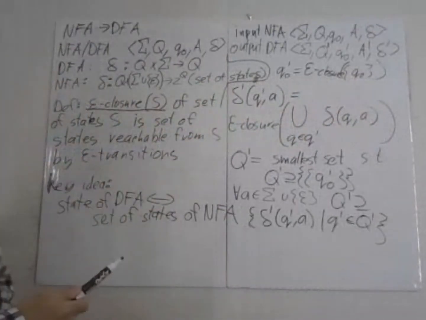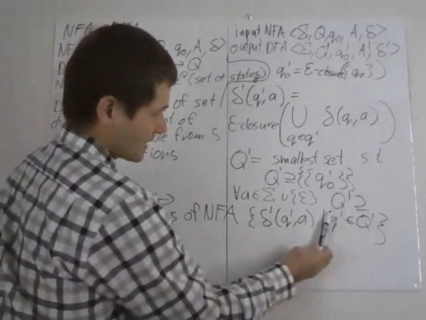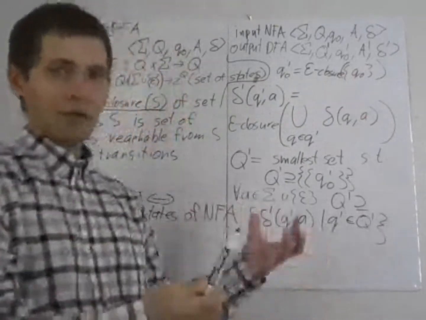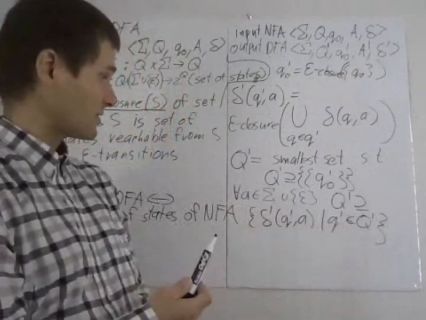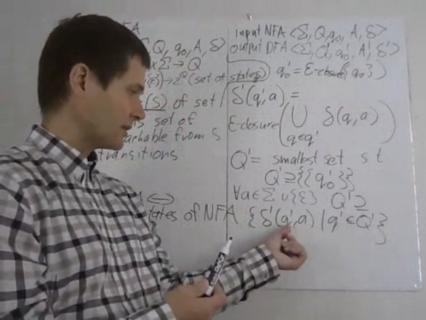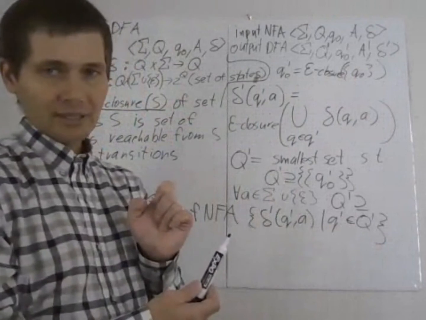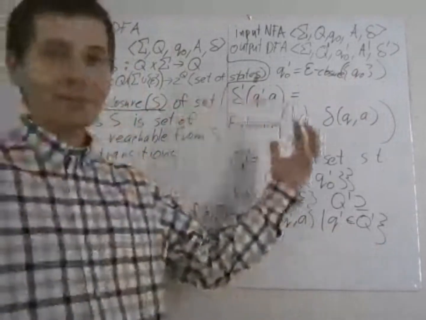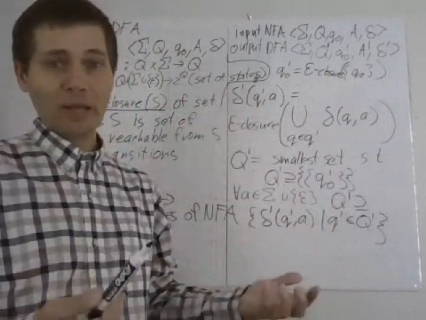Okay, so the way I would read this is for every set of NFA states Q prime that is already in big Q prime, so if I already have a DFA state for some set of NFA states, and if I apply the transition function to that Q prime on any A or epsilon, then I want to add the resulting state to my DFA as well.